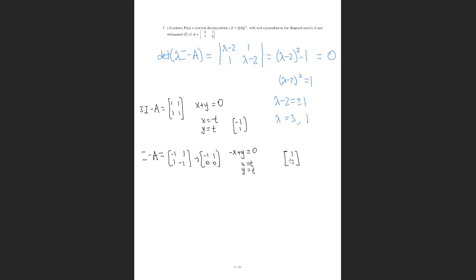So you can double check that your answers are good by checking that they are orthogonal to each other, which they are in this case. Then to make them orthonormal, you just need to normalize each of them. So I'll take those vectors and divide each of them by their magnitude, so dividing each of them by square root of 2.